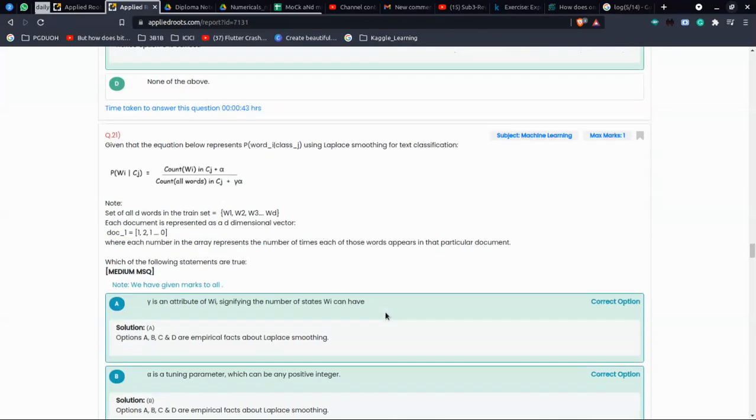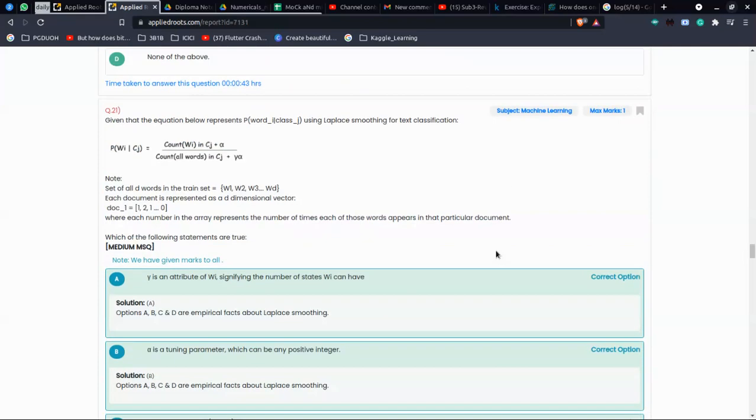Yes, this was out of syllabus. When the alpha is very, very high, it would be 1 by this lambda or gamma, that kind of symbol is there. If it is multinomial, mostly in NLP we use this multinomial formula, not that simple classification, because in NLP you cannot just take one feature, every word is a feature.